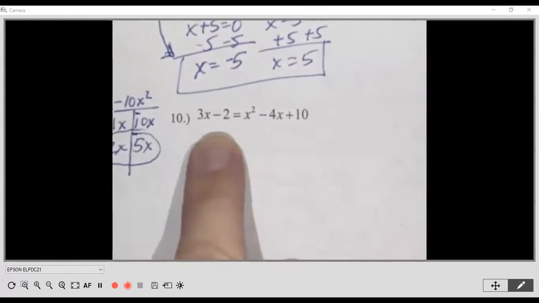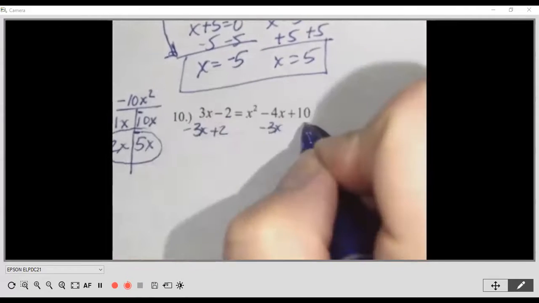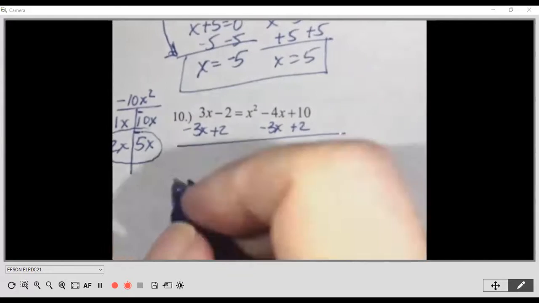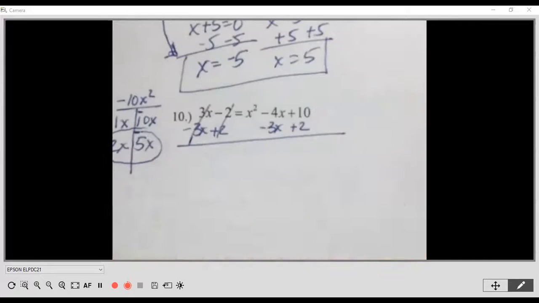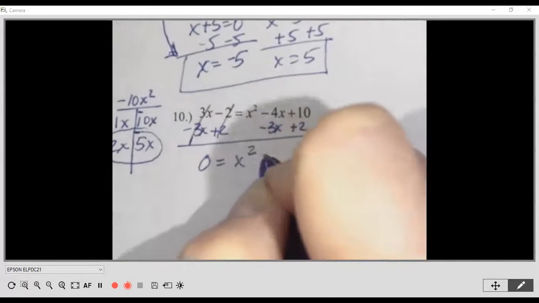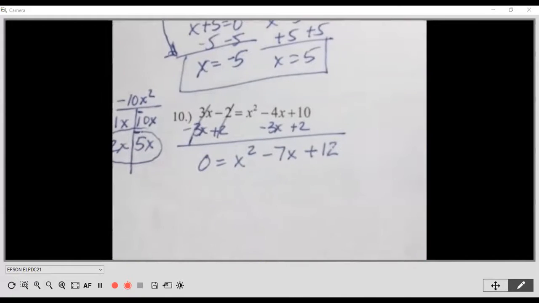So I will have my 0 on the left-hand side for this problem. I will subtract 3x from each side and add 2 to each side. 3x minus 3x is 0. Negative 2 plus 2 is 0. So this leaves me with 0 equals x squared minus 7x plus 12.